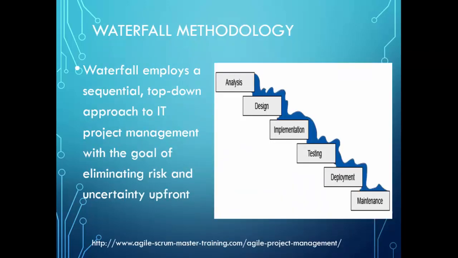For the waterfall methodology, it employs a sequential top-down approach to the IT project, where we look at the current situation, we analyze it, and then we design the software to address the needs with the current situation, and then we implement the software, start testing that software, and after the testing and evaluation, we are sure that the software will do the main functionalities requested by the customer.